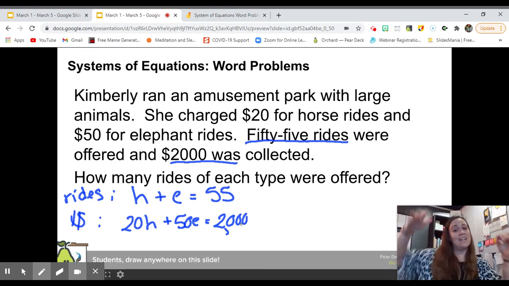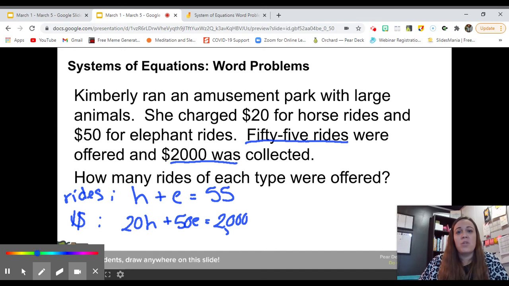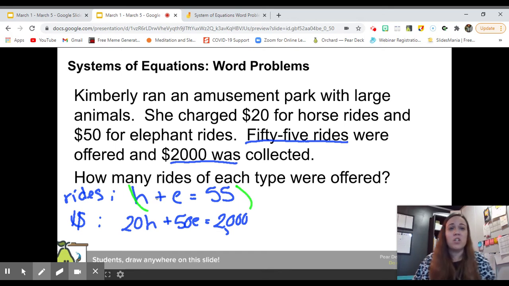Okay, so again, now that the numbers are getting higher, I'm still going to suggest that, although you are allowed to use substitution if you would like to, we're using elimination to solve, just so we don't have to solve for a particular variable. So I'm going to eliminate the very first variable here again. I want the coefficients to match.